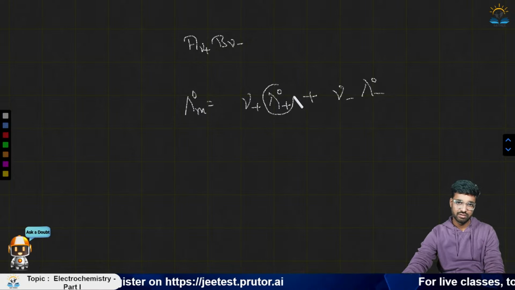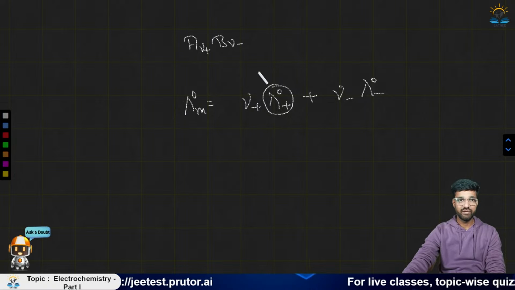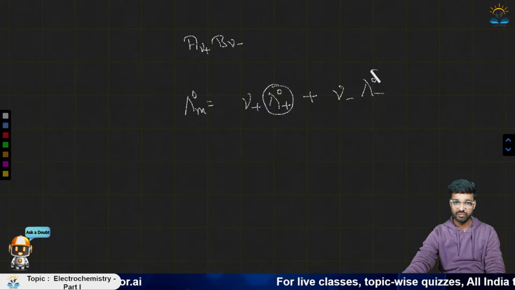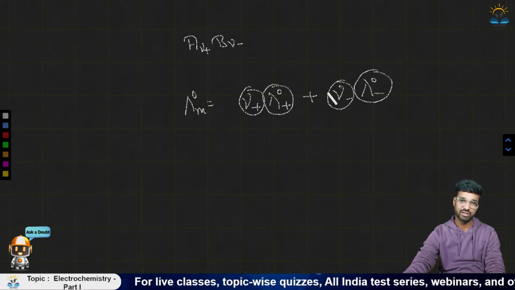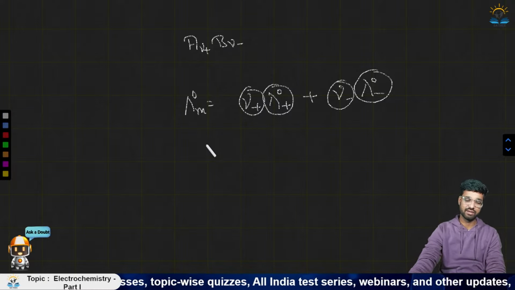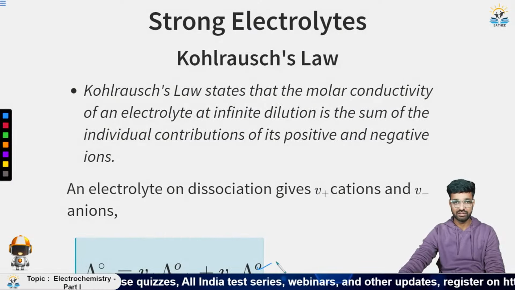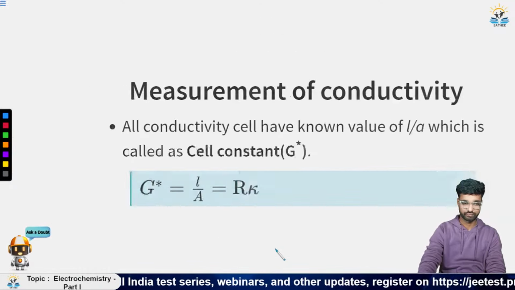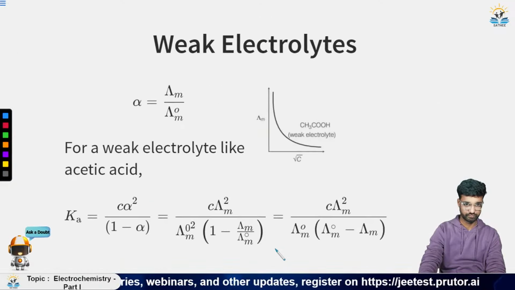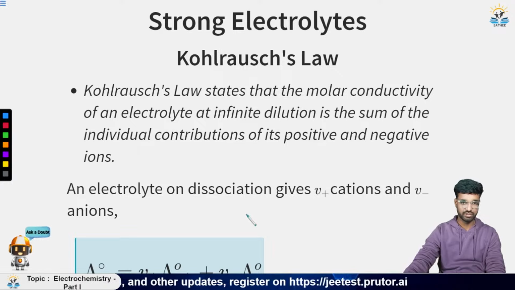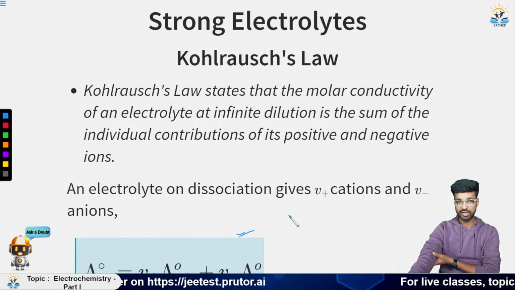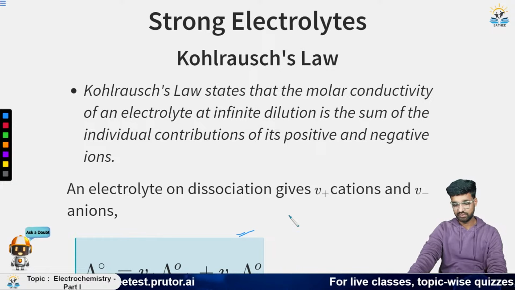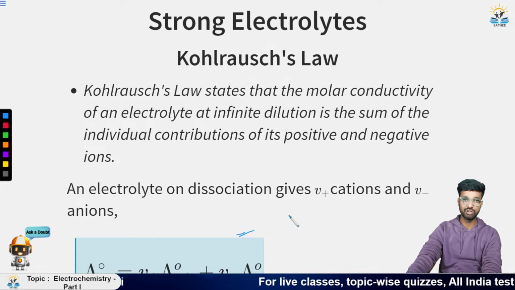This is the limiting molar conductivity of this cation, and this is the limiting molar conductivity of this anion, and these are the numbers of each cation and anion present. So this is the formula that you will get. You will use this Kohlrausch law to and fro to solve many of the numericals.